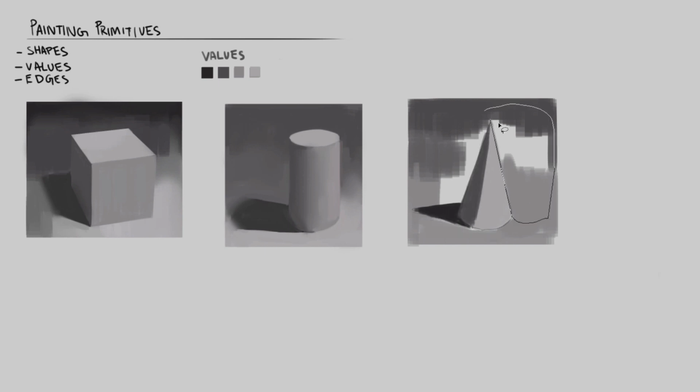And here I'm using the lasso tool to maintain those silhouette edges on the cone. Once again, I'm using that hard-edged mid-tone to help transition my values before softening it up with the blender brush.